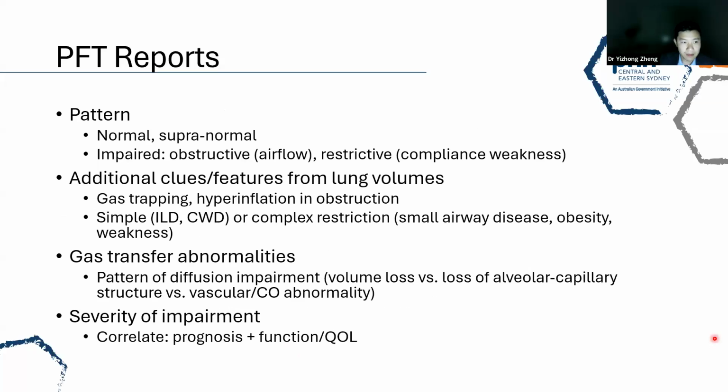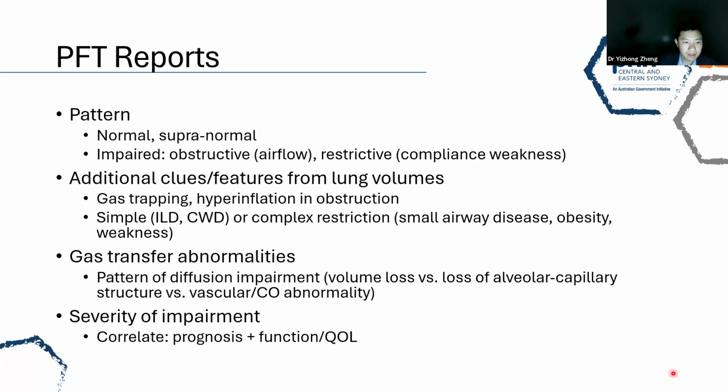In terms of lung function reports, what we describe is what the pattern is. So is it normal or supranormal, or is it impaired? And if it's impaired, is it obstructive, restrictive, or mixed? If it's restrictive, is it a compliance issue or a weakness issue? Additional clues from the lung volume: is there evidence of gas trapping, hyperinflation, and obstruction, which might explain some of their breathlessness?